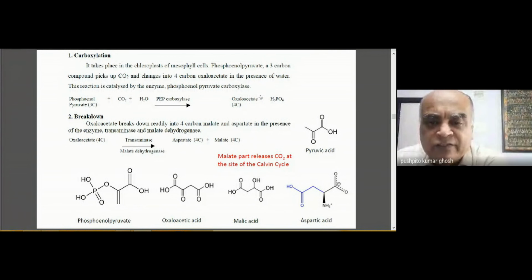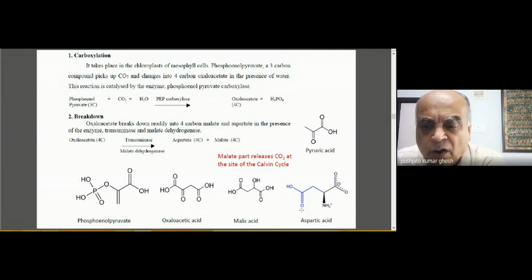I'll show you in the next slide the mechanism of how it is formed. Oxaloacetate, in the presence of 2 other enzymes, transaminase and malate dehydrogenase, gets converted into 2 other C4 molecules. One is aspartate, this one.